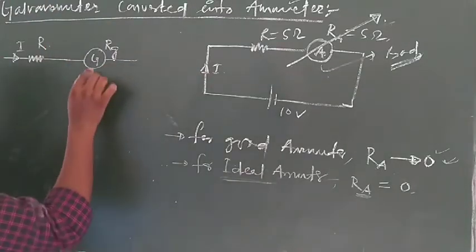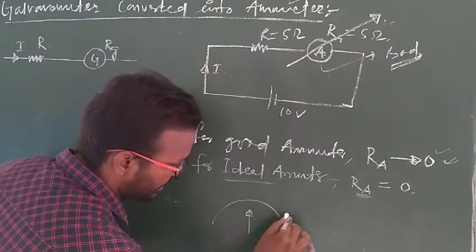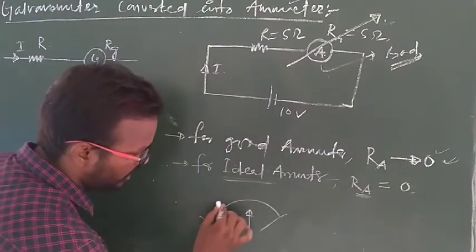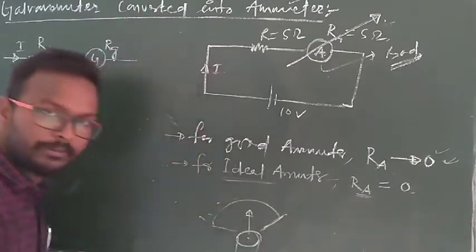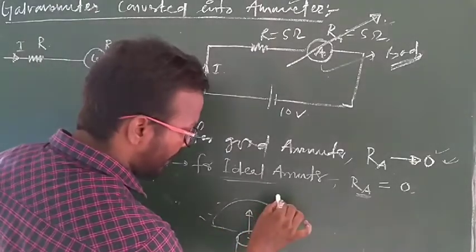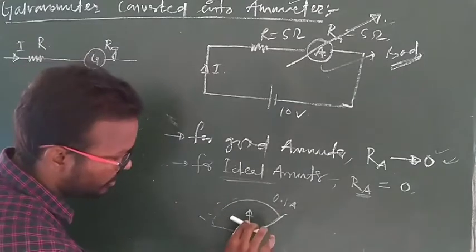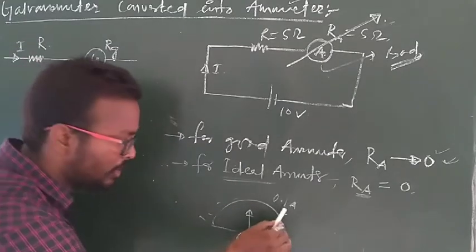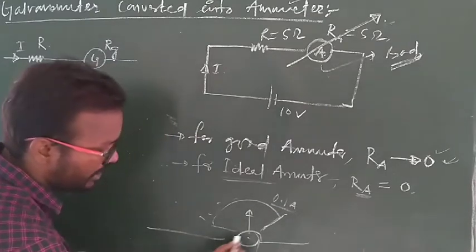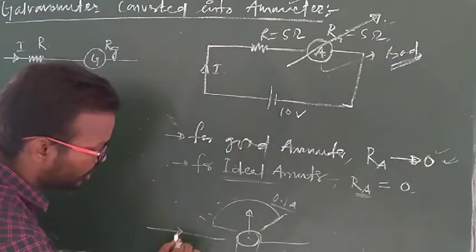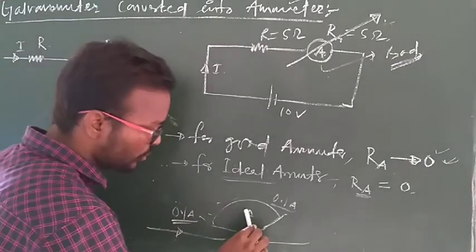Suppose this galvanometer has a scale with 0 reading, and this is the final reading. If we apply 0.1 ampere current, then the galvanometer shows full deflection. If the current flowing through the circuit is 0.1 ampere, it shows full deflection.